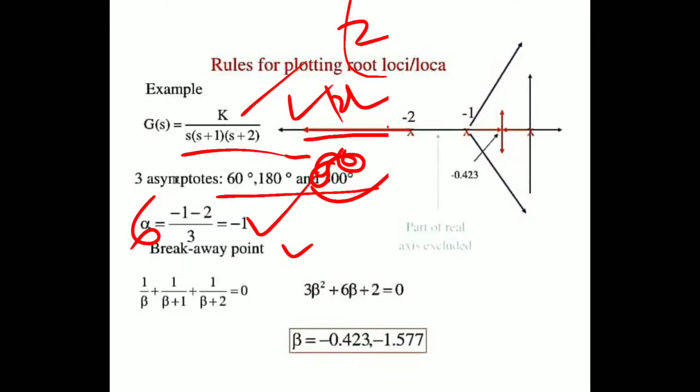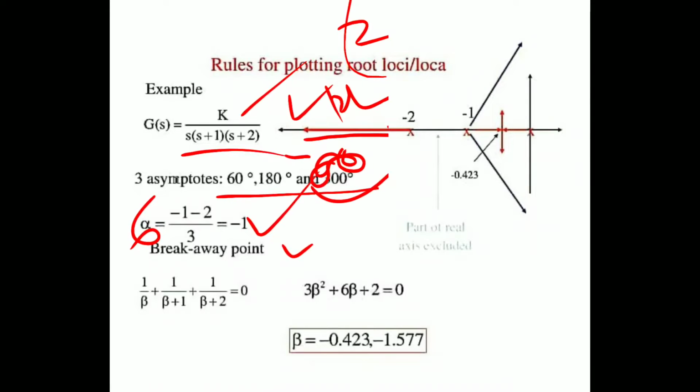The equation becomes, for the three poles, 3 beta square plus 6 beta plus 2 equals 0. So we are finding this equation for the three poles. The roots are minus 0.423 and minus 1.57. If you see these two terms, minus 0.423 and minus 1.57, minus 1.57 is not valid, because the root locus is only present between 0 to minus 1 and minus 2 to minus infinity.